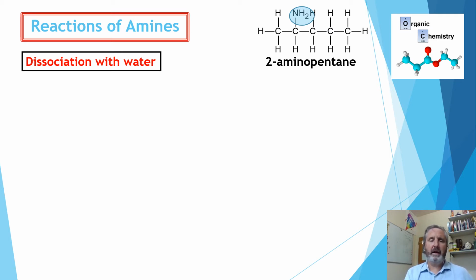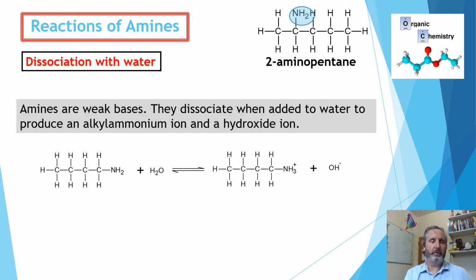Now, what an amine will do is it will dissociate with water. Because an amine is a weak base, it will undergo a reaction with water where it accepts a proton from water. So here we've got the amine at the bottom here.